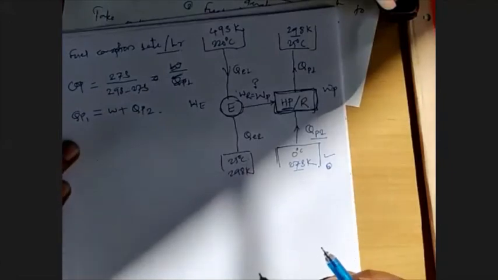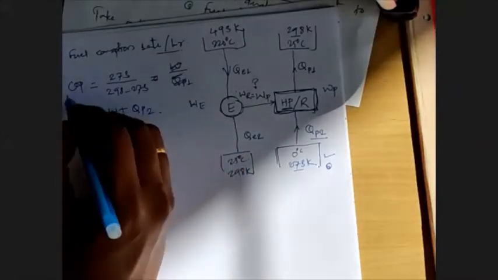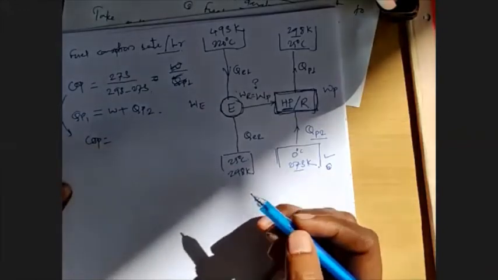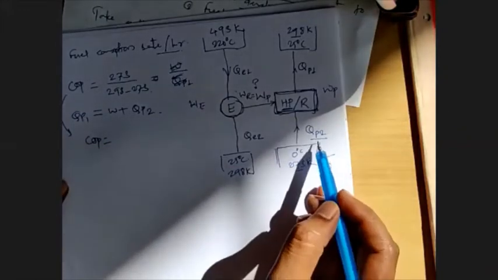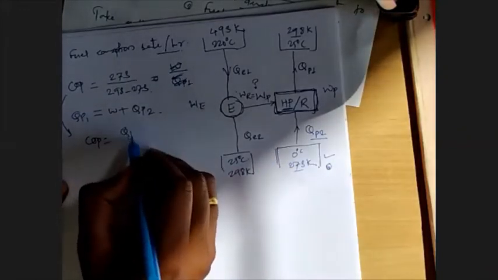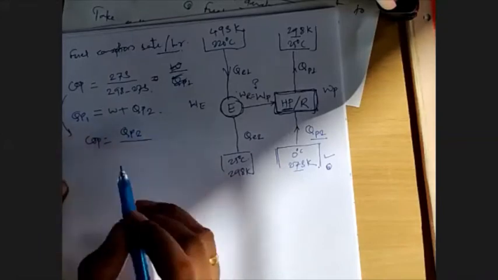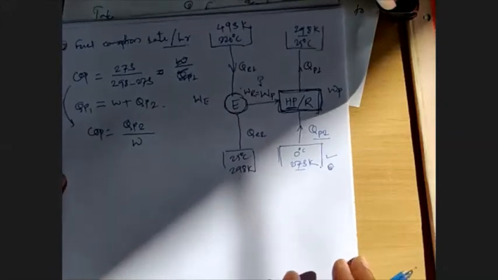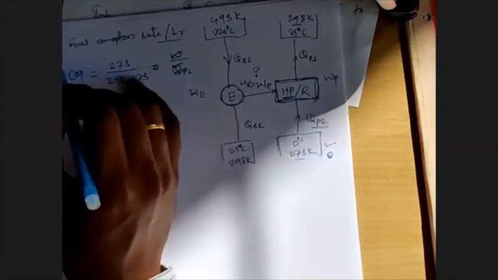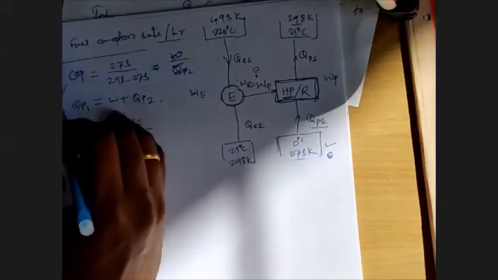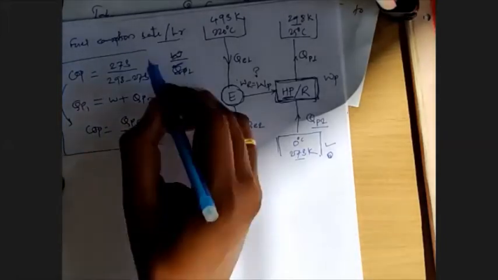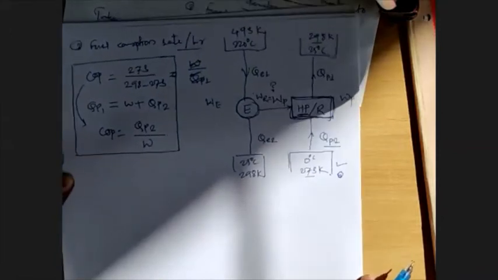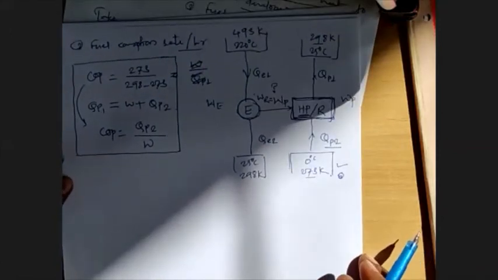And also for COP itself, COP is equal to, now the desired effect is this QP2, and input we usually take W. So these are the three relations that are related to the refrigerator or reversed heat pump.